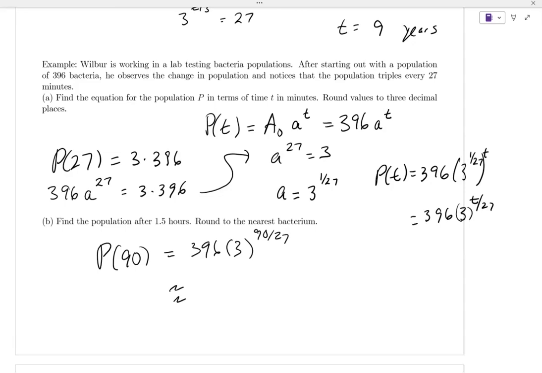So what do you get when you put that in your calculator? Anybody get a value? 15,420. Okay.